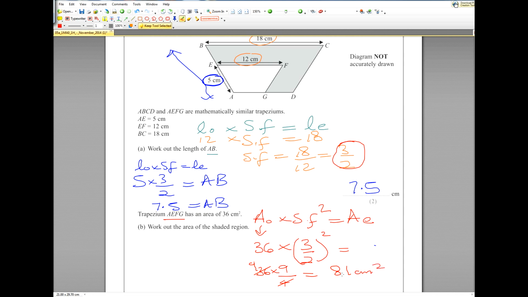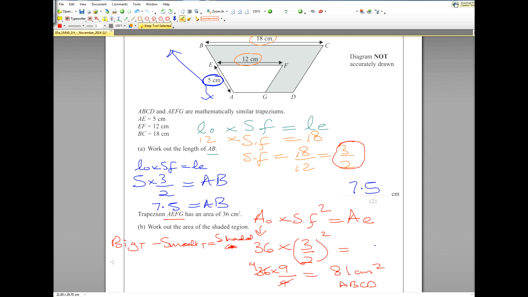What we worked out was the area of the big shape, the big trapezium. Which big trapezium is that? That's trapezium ABCD. That's the trapezium we just worked out. Now we're going to work out the shaded area. So we said the big trapezium minus the small trapezium will give us the shaded area.